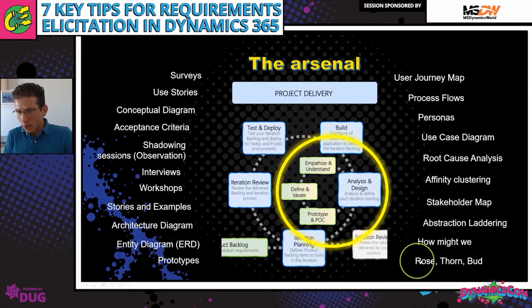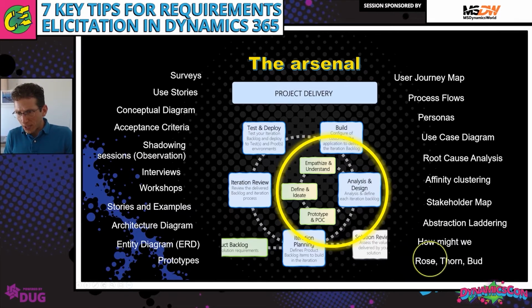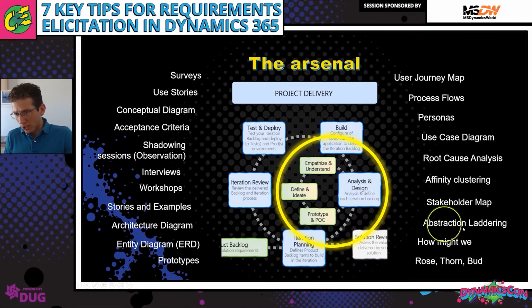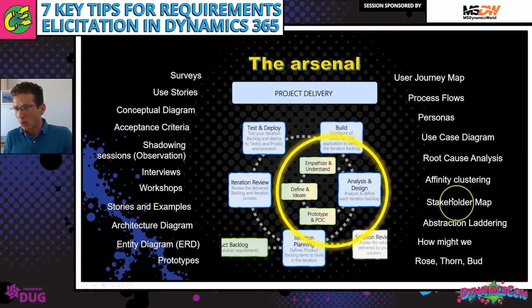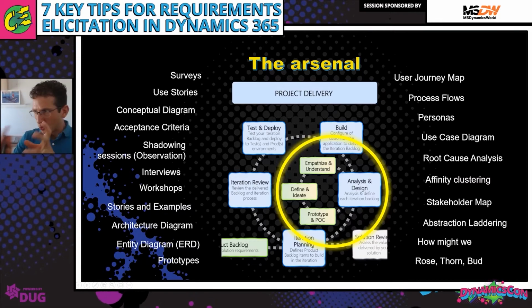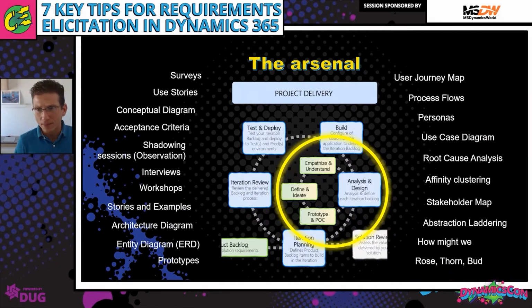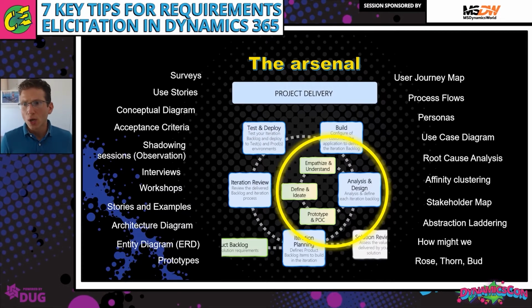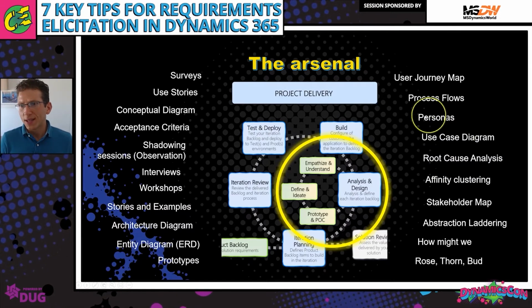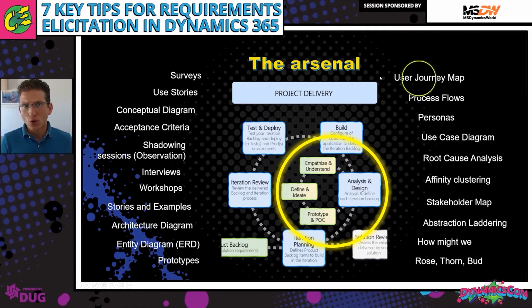So if we quickly go over, some are inspired from design thinking techniques like Rose, Thorn, Bud, How Might We, abstraction laddering that we're discussing today, stakeholder map, affinity clustering to group requirements in categories almost, root cause analysis, use case diagram that I'm presenting, personas, process flow, user journey.